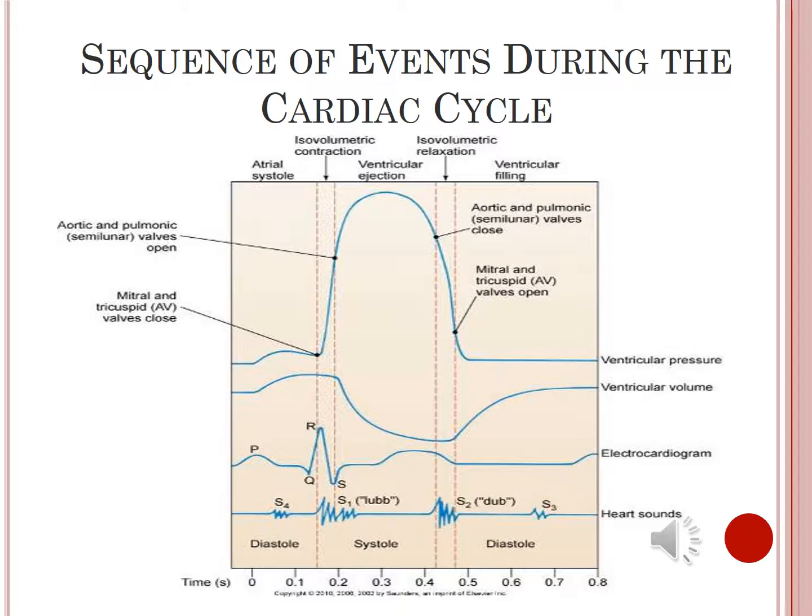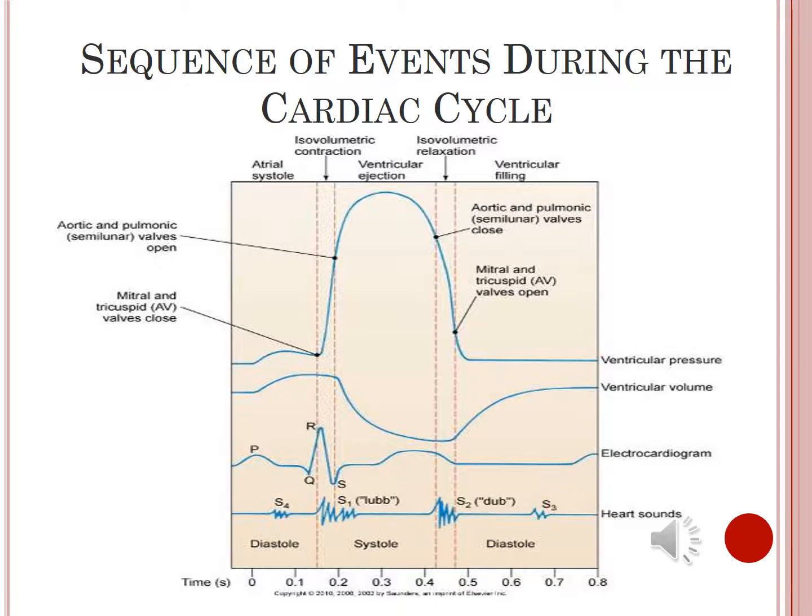Right here on this picture, you can see the second blue line from the bottom. That's your actual EKG. So that has the P, Q, R, S, and T wave. The very bottom line tells you where in the cycle you would be hearing what sounds, where you would hear an S4, S1, S2, and S3. Or if you're hearing those, that's where in the actual cycle of the heart you're hearing it.